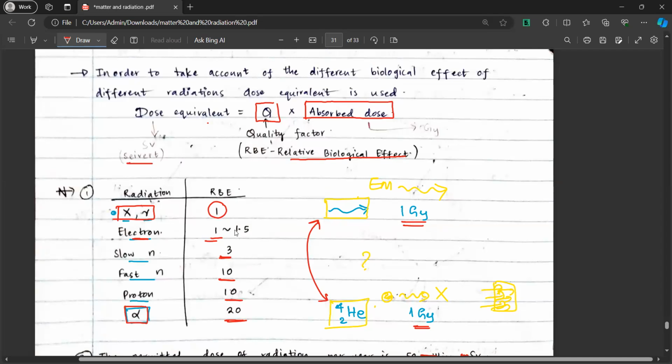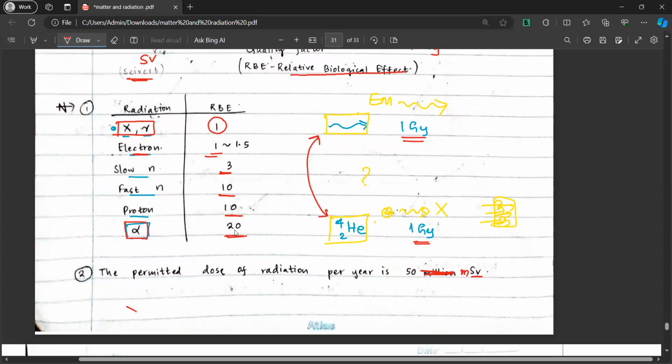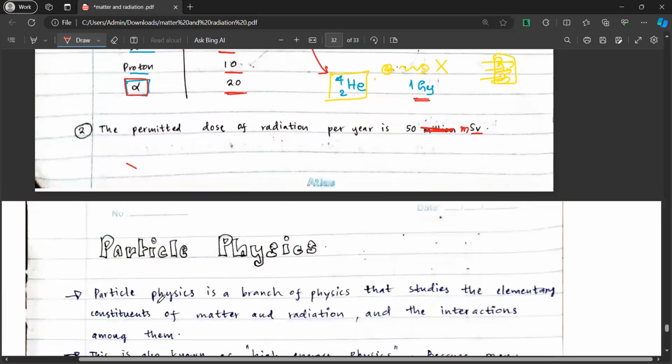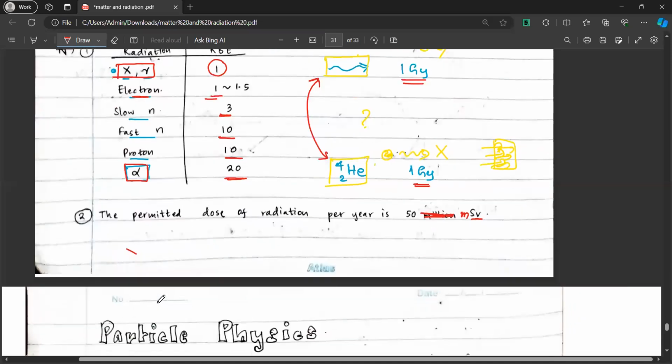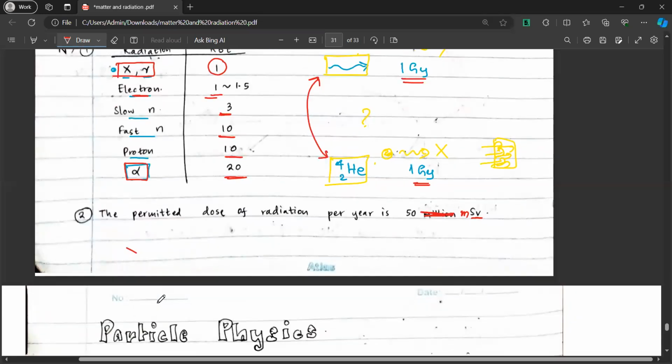Absorbed dose is measured in gray, and when we multiply it by the quality factor, it becomes dose equivalent, and we use sieverts to measure that. So the permitted dose of radiation per year is 50 millisieverts. Clear up to this? So shall we move to the next part, particle physics?